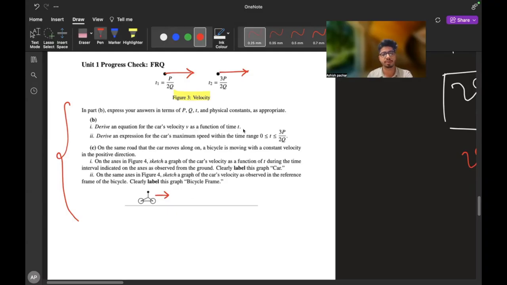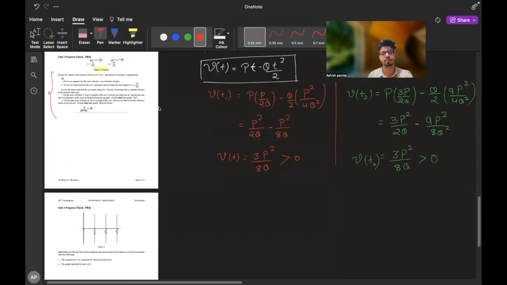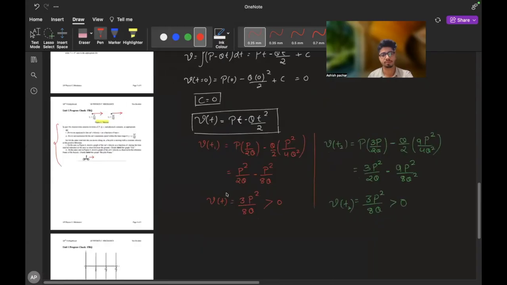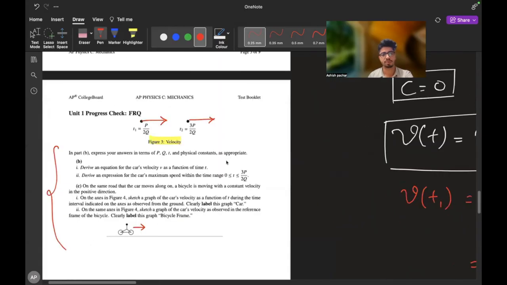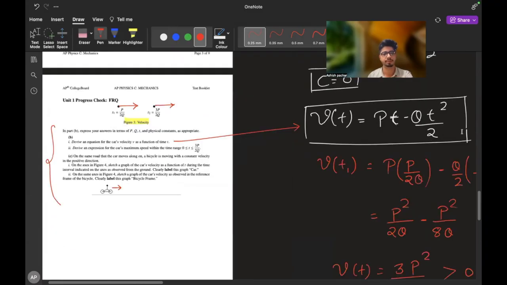So basically the velocity expression, that we have already done. So this part we have already done. Let me show you the answer again. So this is the answer.